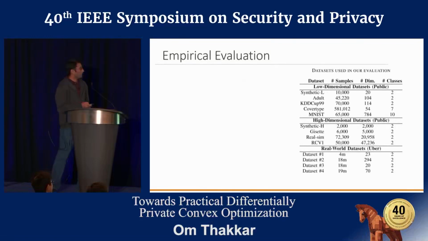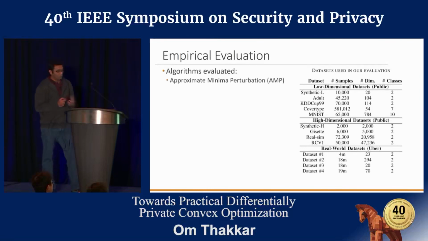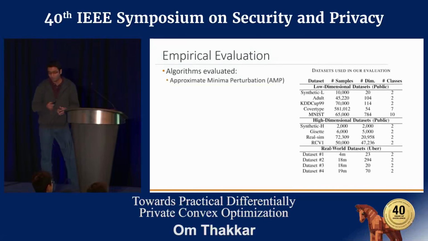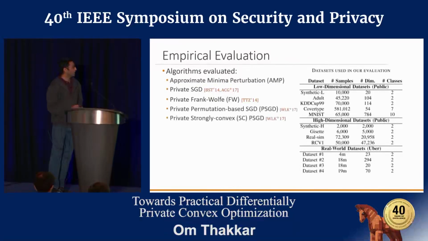So here the categorization is if the number of samples is much larger than the number of features, we say it is low dimensional. If it is comparable, we say it is high dimensional. The algorithms we evaluate include AMP, 2 of the techniques that add noise during the training process, and 2 techniques which are practical variants of output perturbation.